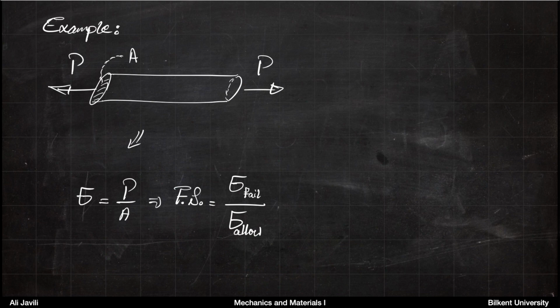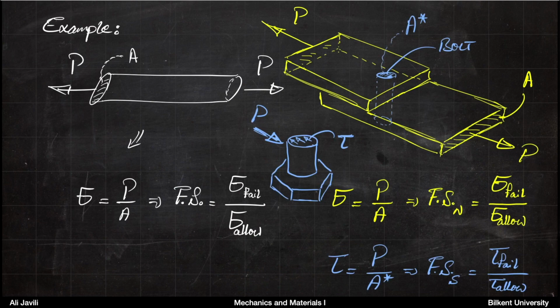Now you should compare this with this second example. Suppose you have two plates on top of one another, and then you have a bolt or a pin connecting the two, and then you apply these normal forces on the two plates. Now, instead of one piece, you have two pieces.